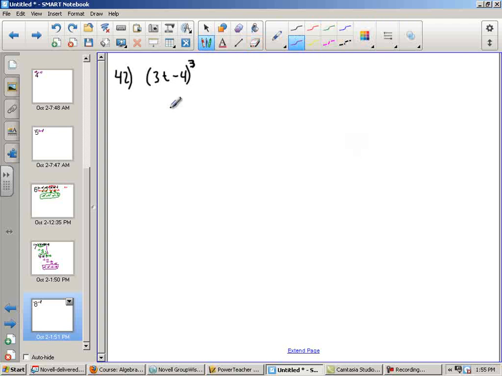But what I want to try to do is use the idea that a minus b cubed equals a cubed minus 3a squared b plus 3ab squared minus b cubed. I want to use that idea for this over here. So a is 3t, b is 4.